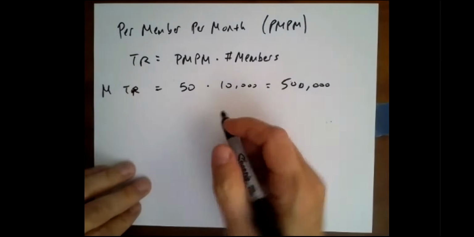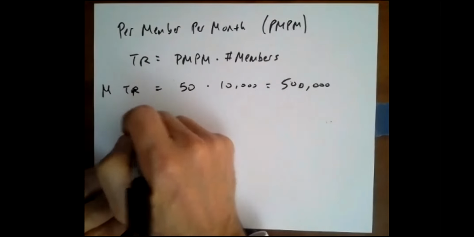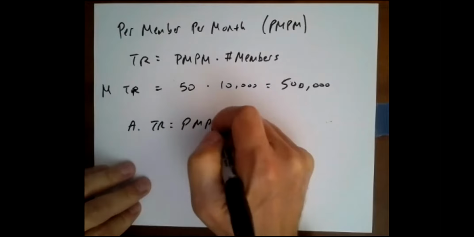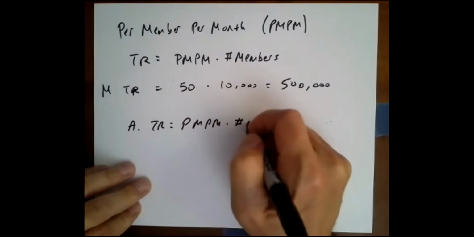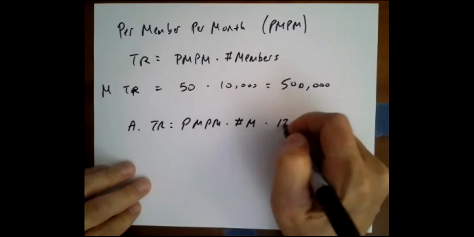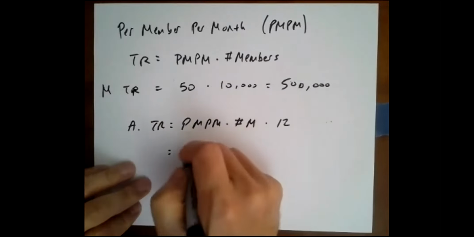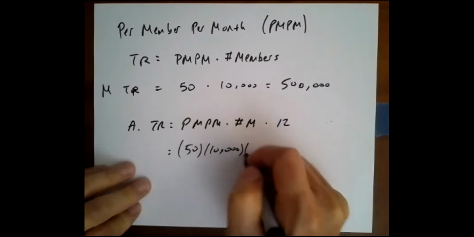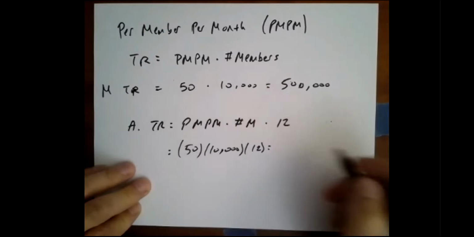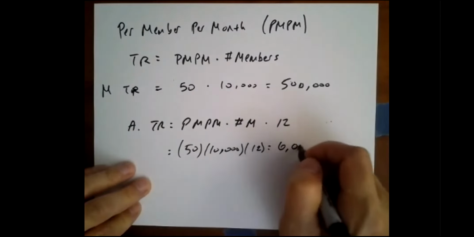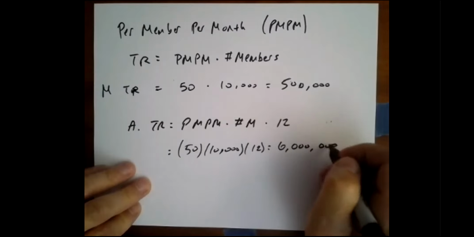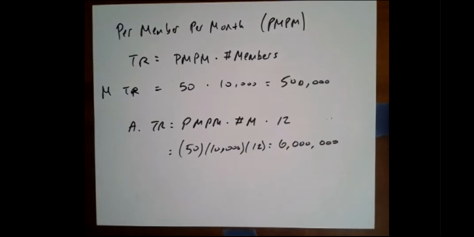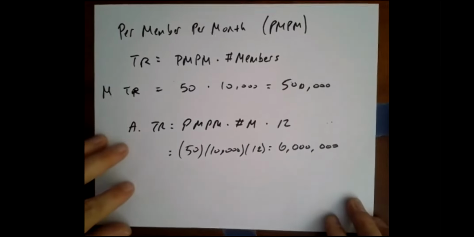Then to get the annual total revenue, you take PMPM times number of members times 12, right? So that would be 50 times 10,000 times 12, which gives me 6 million. Okay, so that's how you calculate revenue.